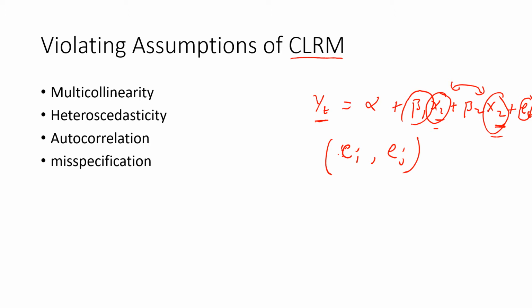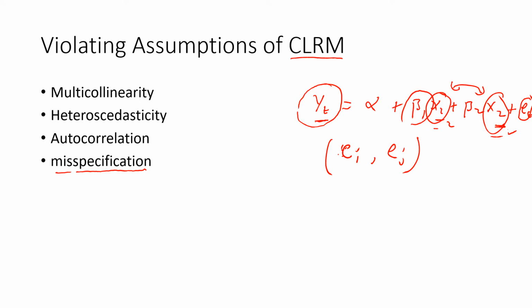Then again we have some problems related to misspecification: we take the wrong regressors x1, x2 that are not actually related to yt. So these were some of the major assumptions that we have taken with the classical linear regression model.